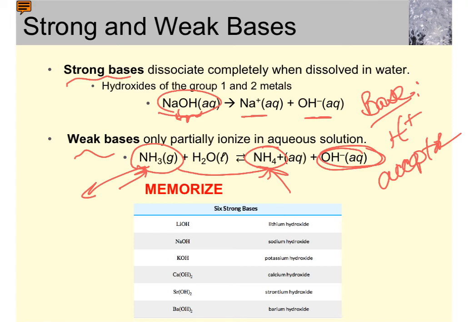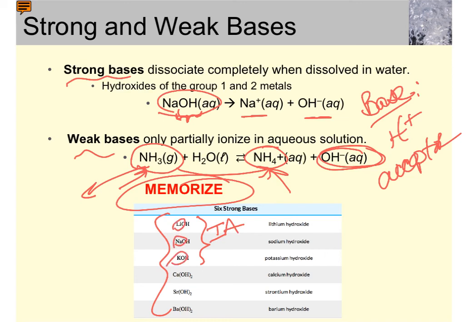There are a limited number of strong bases. So this is another thing that you need to memorize. There are 6 strong acids and 6 strong bases. How I used to remember the bases is notice that all of the group 1A, so lithium, sodium, potassium, all of those hydroxides are strong bases. They dissociate completely.